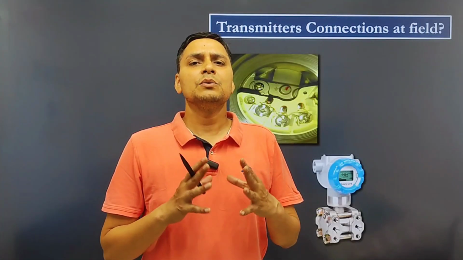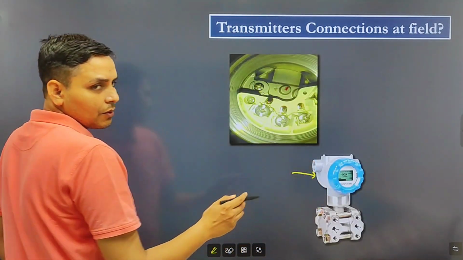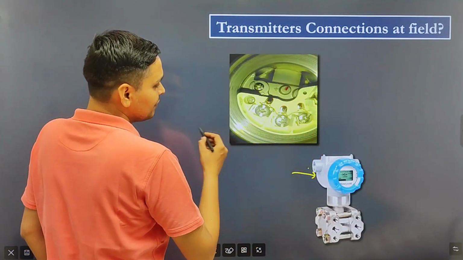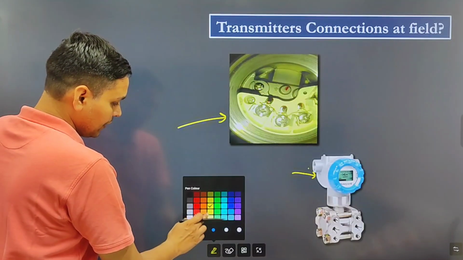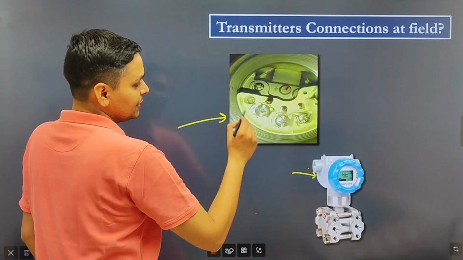Now look friends, to check the transmitters at field side, we must know the connections of the transmitter at field side. If we open this transmitter or any other transmitter from its back side, we will find such type of connections. Here we will find 1, 2 and 3 ports.